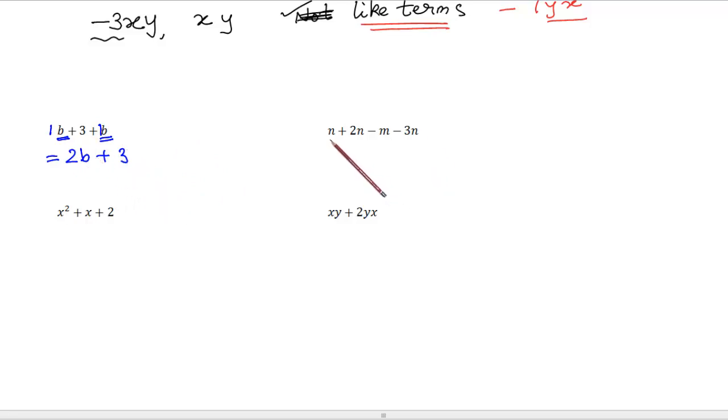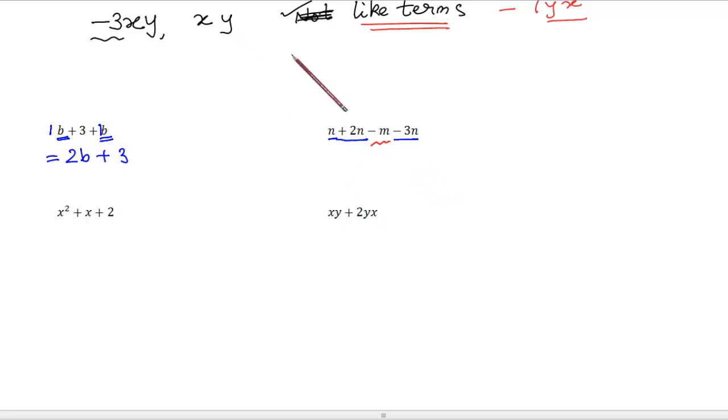Similarly over here, n and -3n are like terms, and even this one, 2n, is also a like term, and -m is a different term.